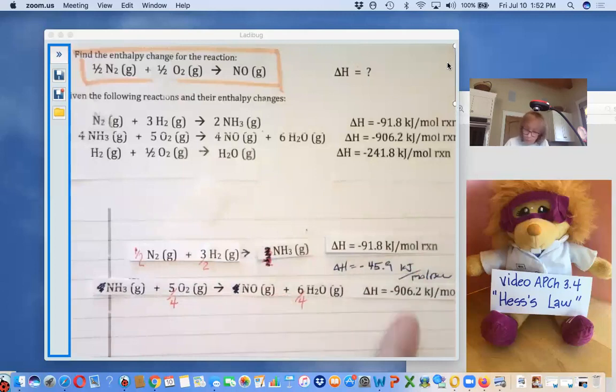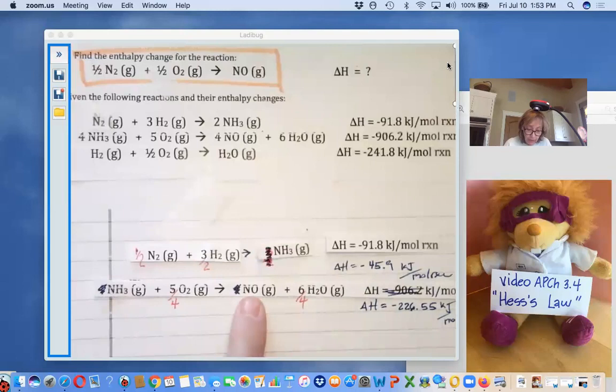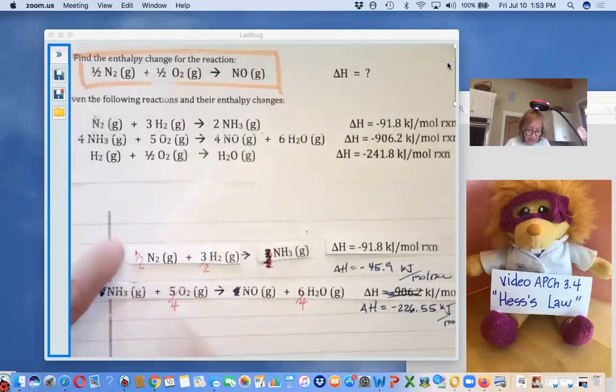And then 1/4 of negative 906.2 is negative 226.55 kilojoules per mole reaction. Alrighty, so I have NO on the product side. I have 1/2 N2 on the reactant side.